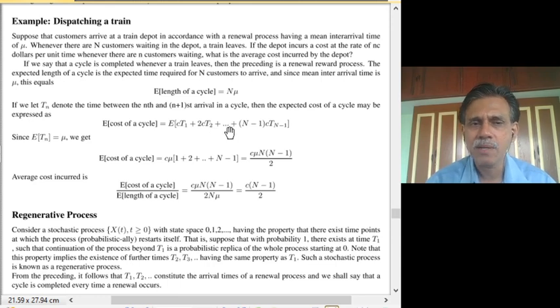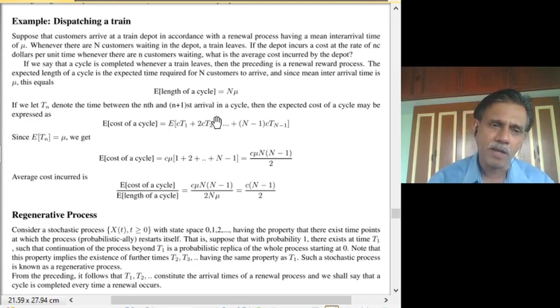When there are three customers, it is 3C. T1 is the time between the first and second customer, T2 between the second and third. So it is C times T1 plus 2C times T2, 3C times T3, and so on up to (n minus 1)C times T(n minus 1). This is the total amount of money the depot is spending on keeping the customers.